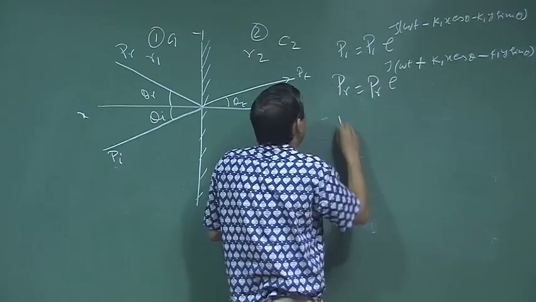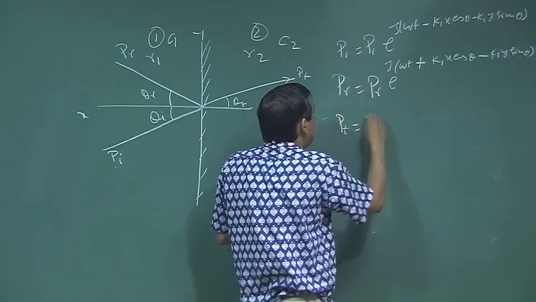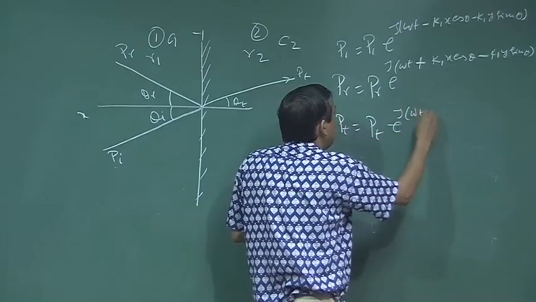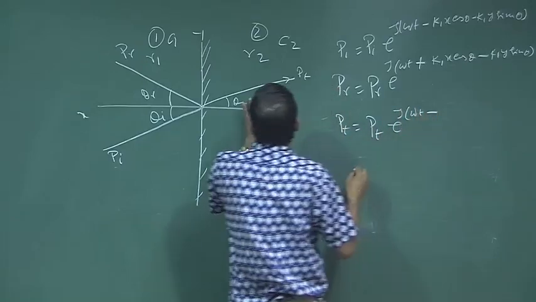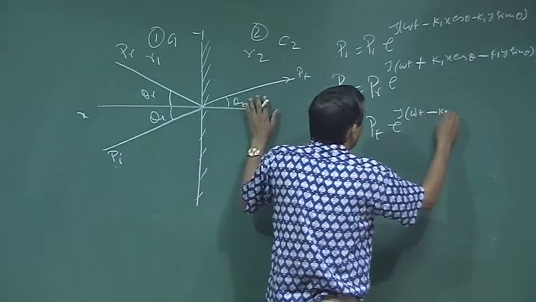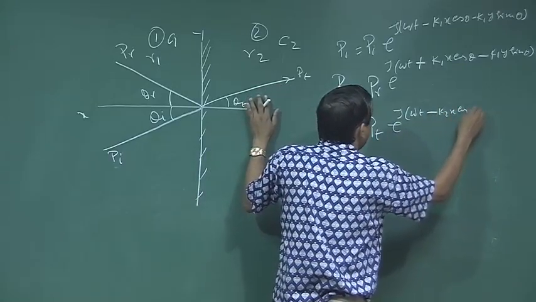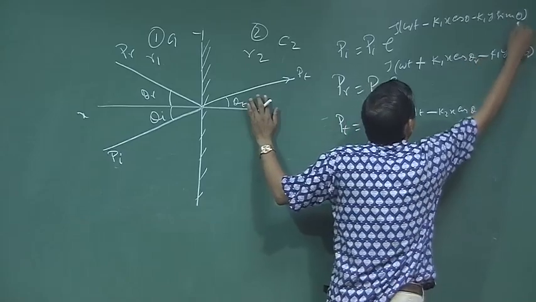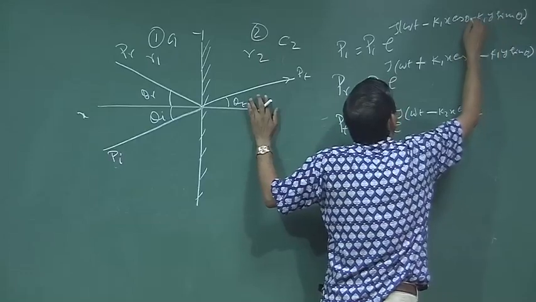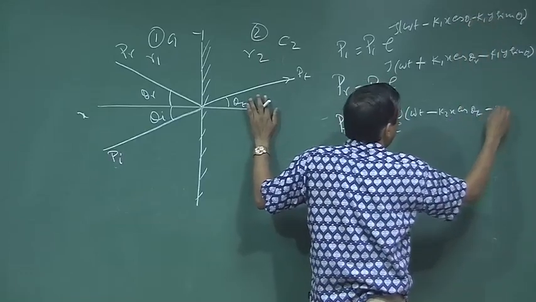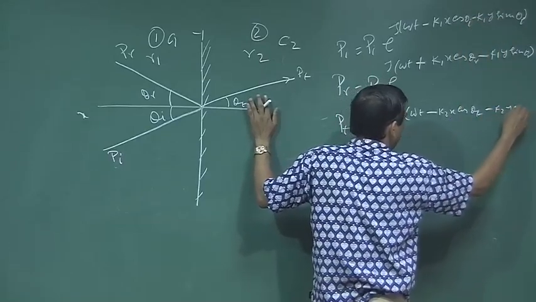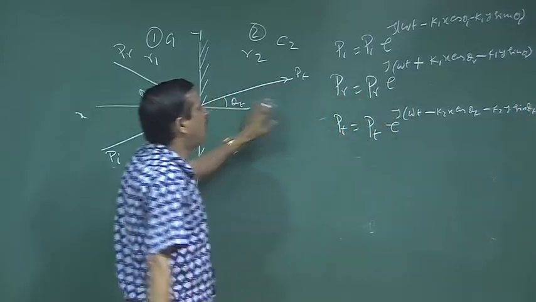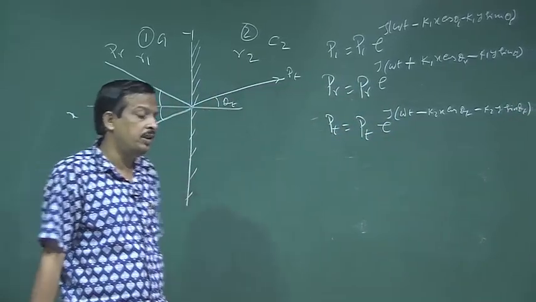And PT is the pressure amplitude PT e to the power j omega t minus, in the second medium, k2 x cos theta t minus k2 y sin theta t. Okay. So, this is the wave equation.